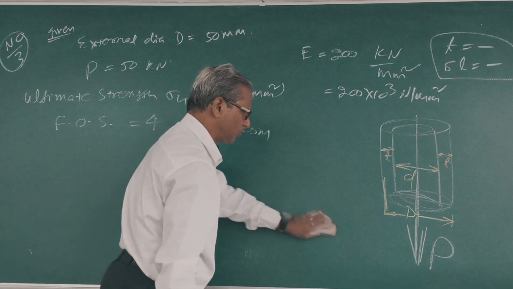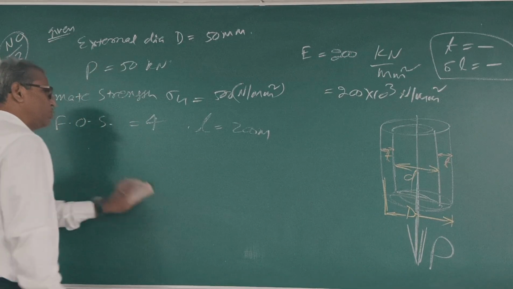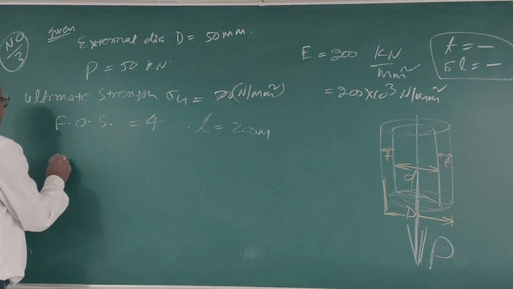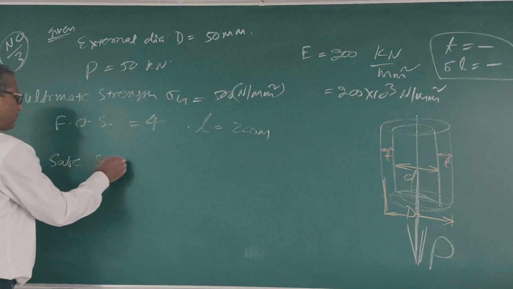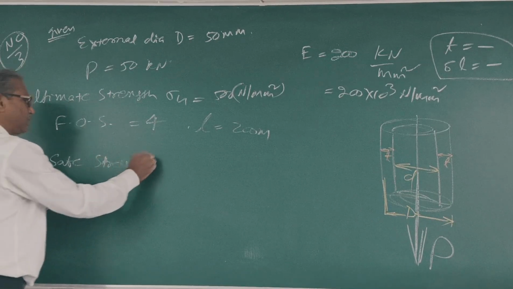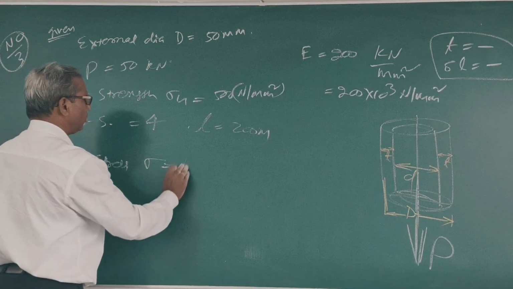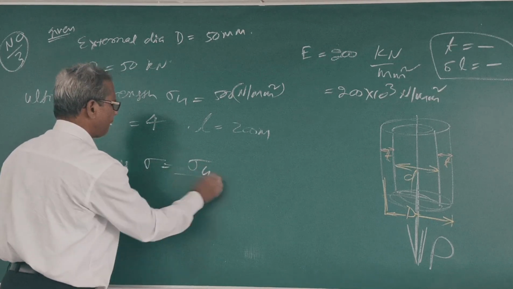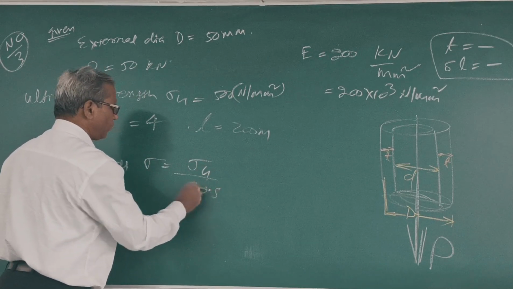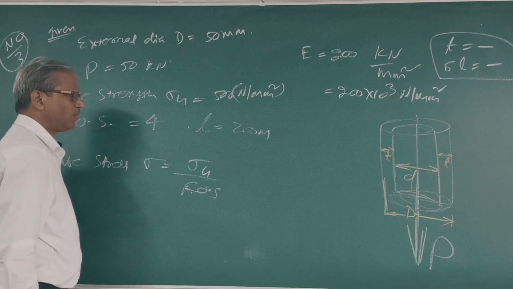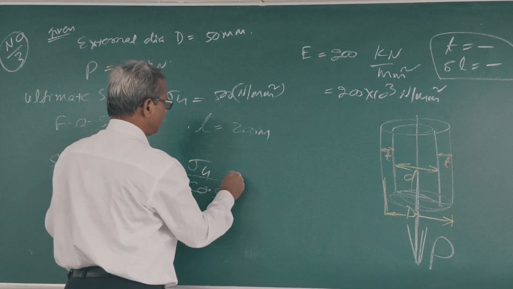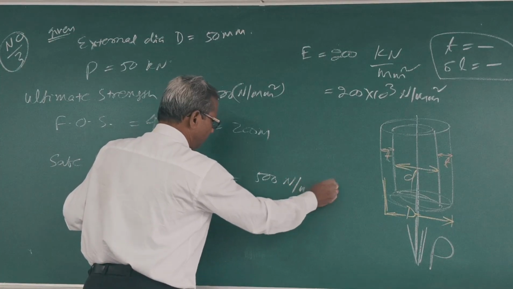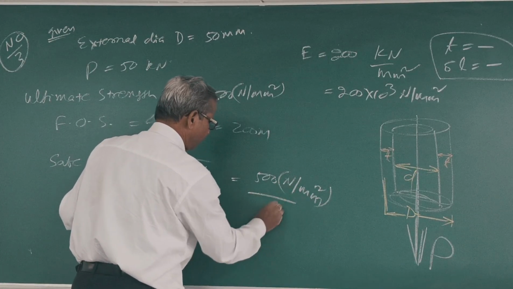Now the working stress sigma is equal to ultimate stress by factor of safety. Clear? What is ultimate stress? 500 Newton per mm square by 4.